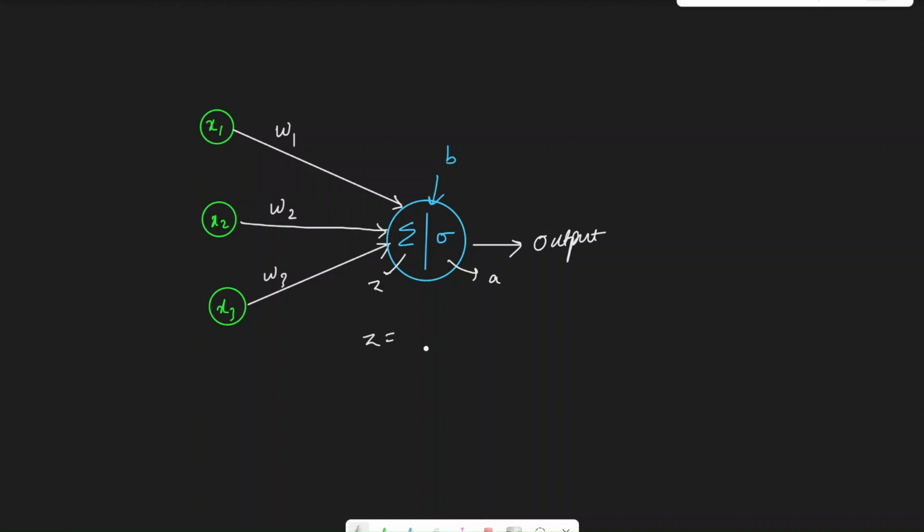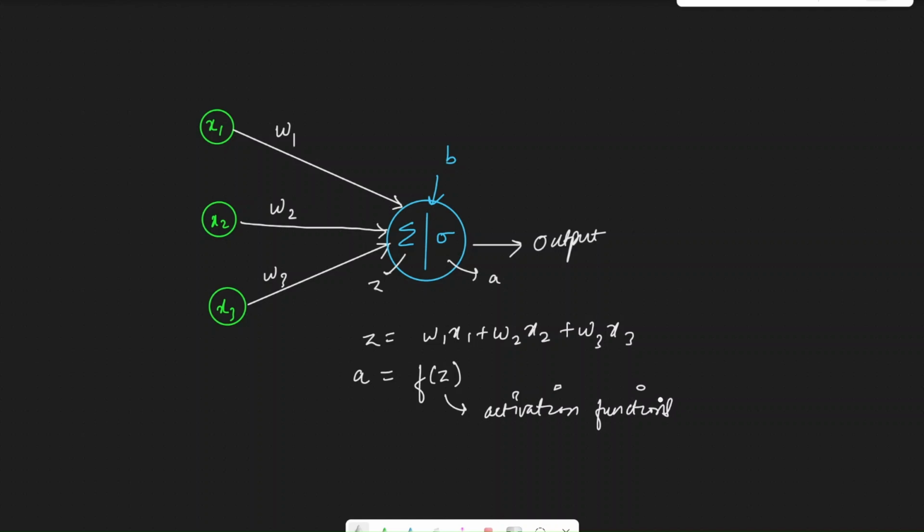So this Z can be represented as w1x1 plus w2x2 plus w3x3, which is the linear relationship. And then our A, which is with the activation function, is we're going to pass this Z in some kind of a function called as activation function. There are different types of activation functions and we're going to learn about them a little later. But this is essentially the working of neuron which has an activation function which is non-linear.